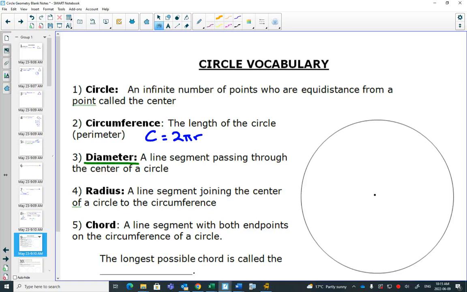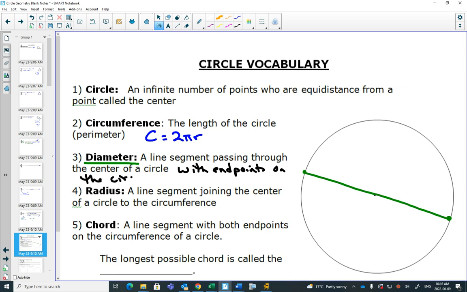Diameter, I'm going to underline in green, and I'm going to draw one on the diagram. A diameter is any line segment passing through the center of the circle with endpoints on the circle.